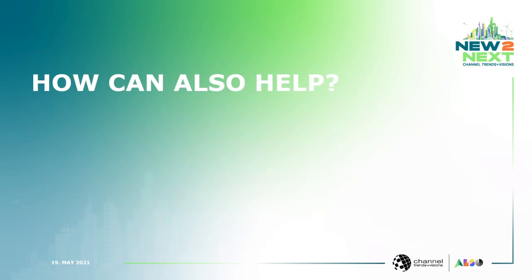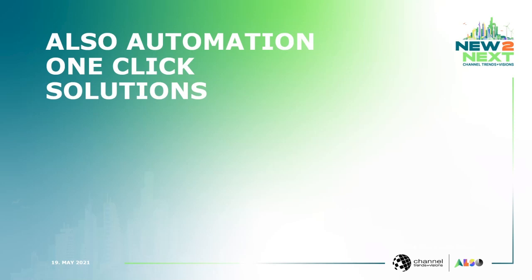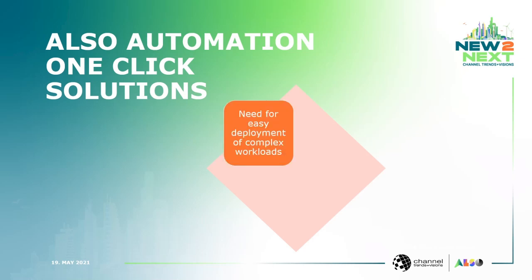So how can also help to build one of these nice WVD solutions? Also is inventing automation one-click solutions, because we found out there's a big need for easy deployment of complex workloads like WVDs. WVD contains a lot of services that need to be put together, and it's really hard to achieve that if you have no experience, no time, or no capabilities to test everything out.